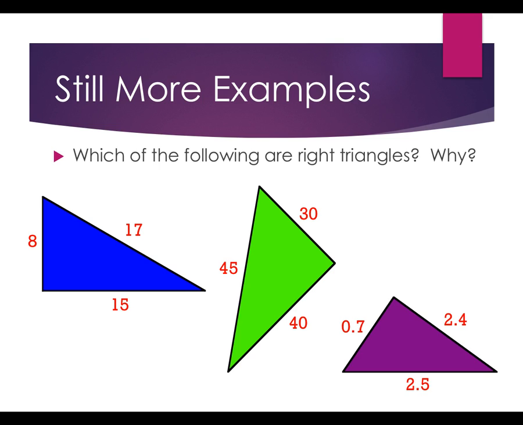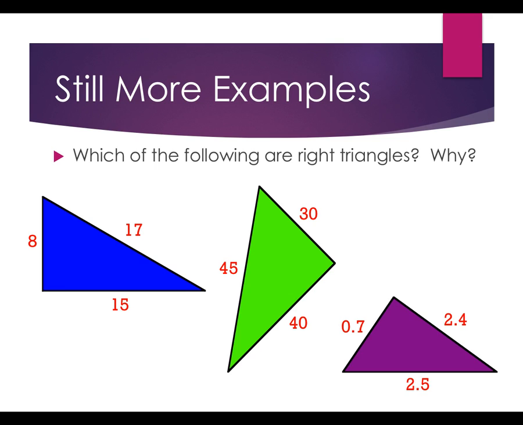Which of those three, and it might be more than one, are right triangles? Do the calculations. No guessing, check. Question? How do you know if it's a right triangle again?